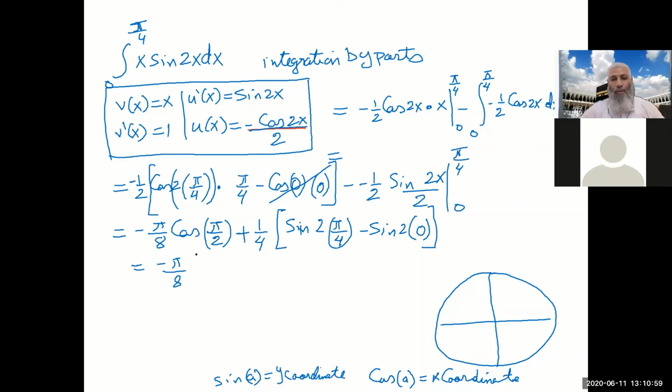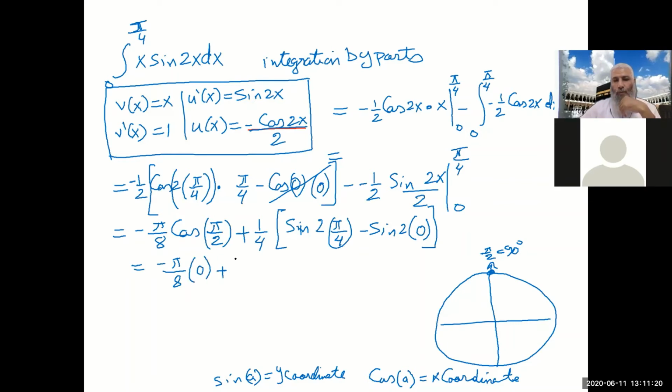So now, cosine pi over 2 is 90 here. This is pi over 2. What is the x coordinate of this point? It's 0. So we will multiply this by 0.